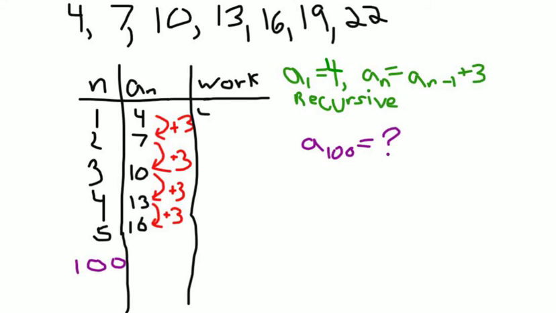We start with 4. And then how did we get 7? We did 4 plus 3. And then how did we get 10? We added 3 again. So 4 plus 3 plus 3. And we keep doing that. So to get 13, we added 4 plus 3 plus 3 plus 3. There are the plus 3s right there.